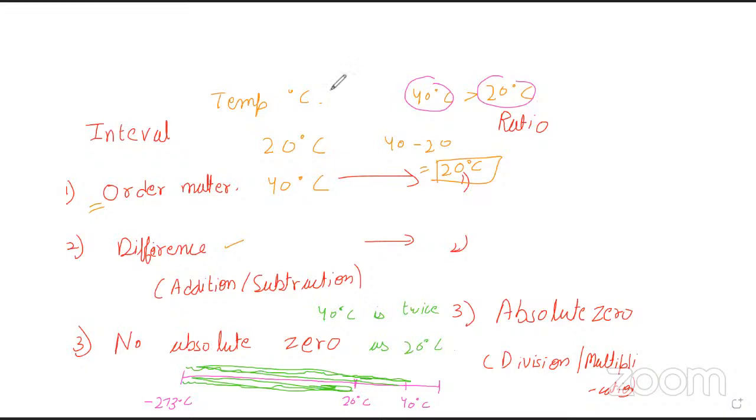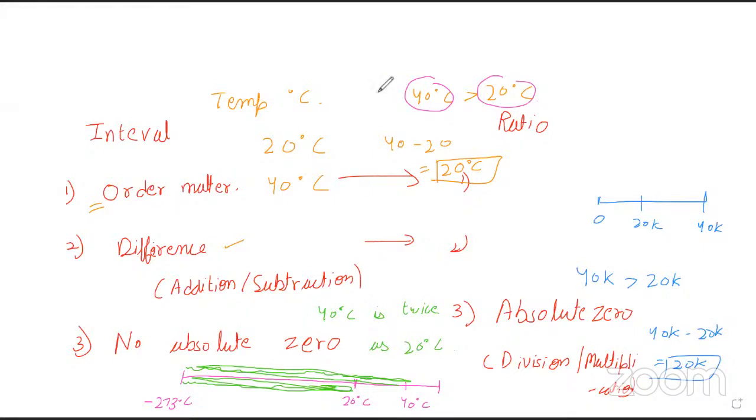Whereas if we look over here at Kelvin, there is an absolute zero. The least value it can take is 0. When we say 20 Kelvin and 40 Kelvin, again order does matter, right? I can say that 40 Kelvin is obviously greater than 20 Kelvin. Difference, again, we can do. It's a meaningful subtraction we can do over here.